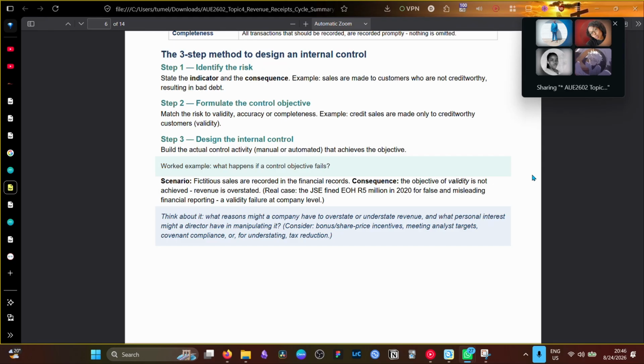You must make sure that whatever you are doing is true, and you need to check and verify to avoid those risks. That is what internal control is. So I don't know if you understood. I understood and I agree.